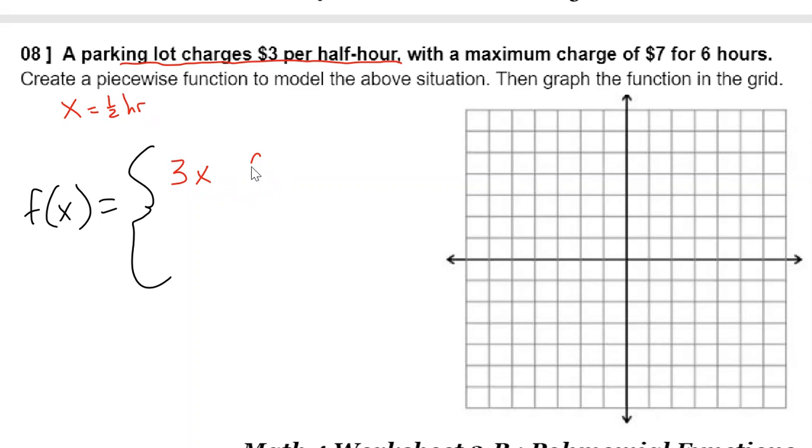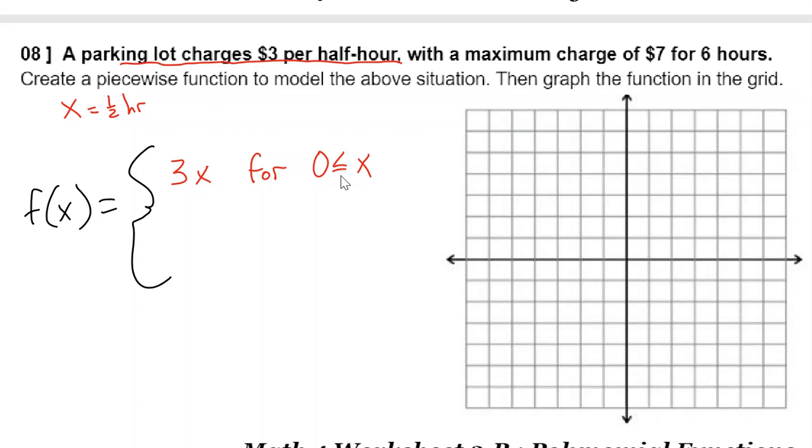$3 per half hour for 0. And well, think about it, if $3 per half an hour, that's $6 per hour. Wow. That's not going to, stop and think about it. If they were staying there an hour and a half, that's $9.